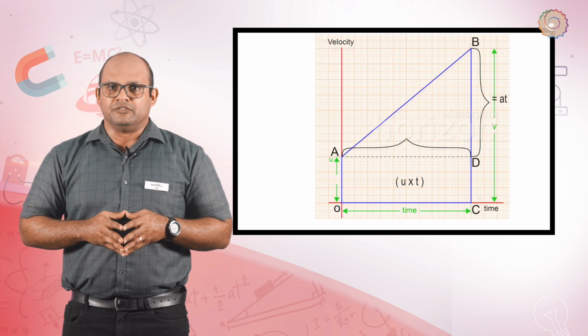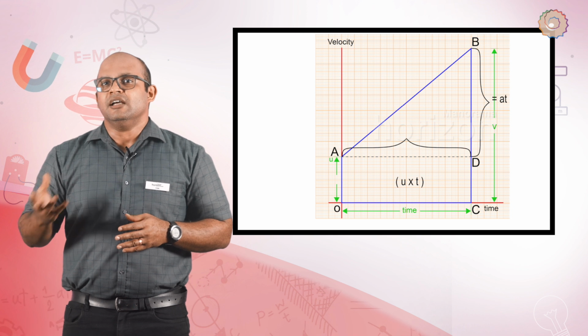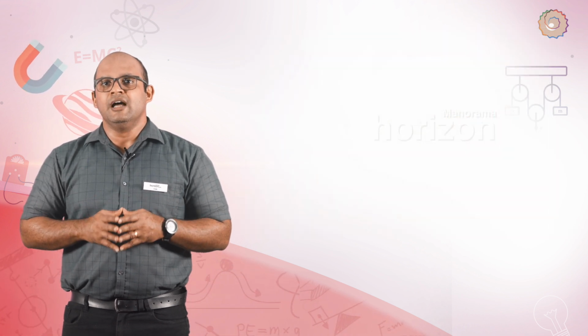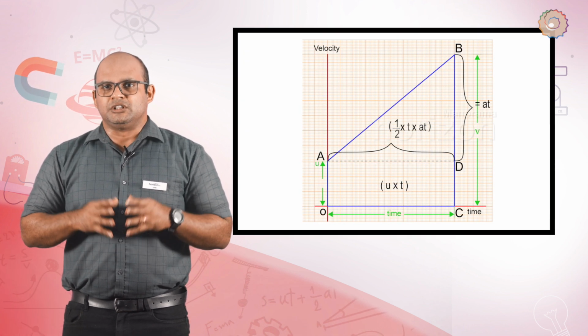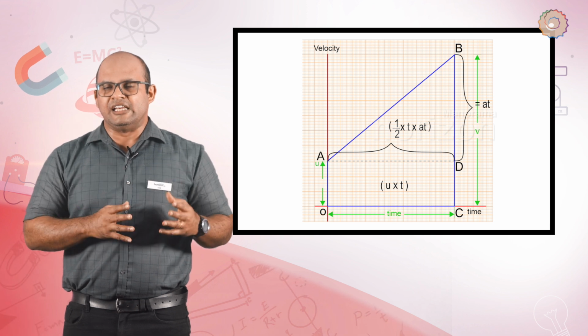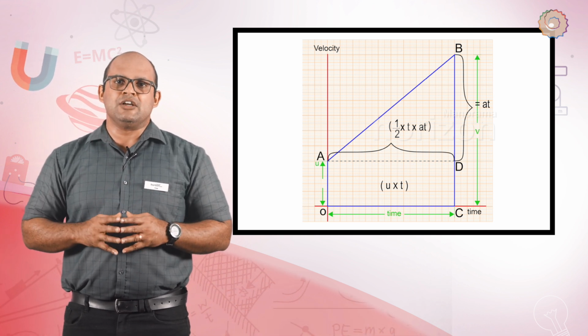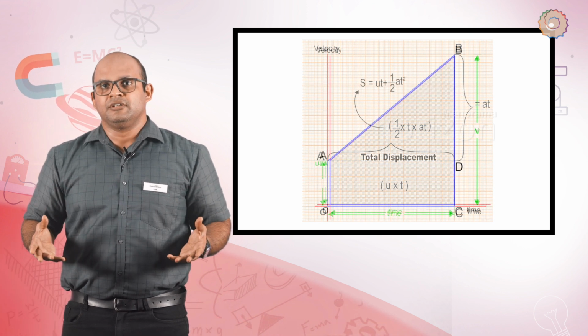We also observe that the height of this triangle given by the segment BD is actually the change in velocity, which is v minus u, and that gives us at. So the total area covered by this quadrilateral is the area of the rectangle plus the area of the triangle. The area of the triangle is given by half multiplied by base multiplied by height.